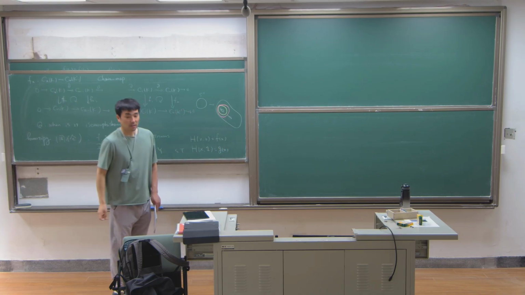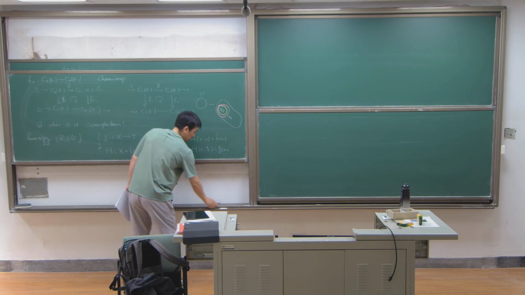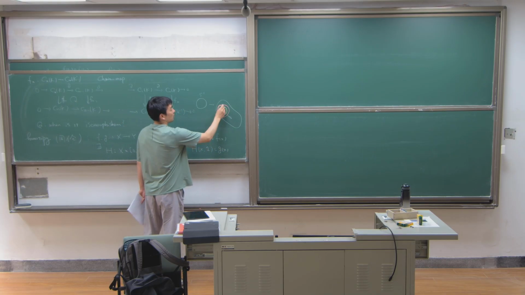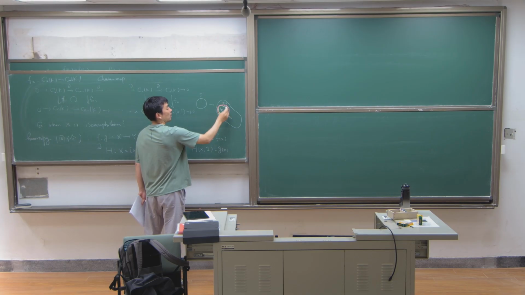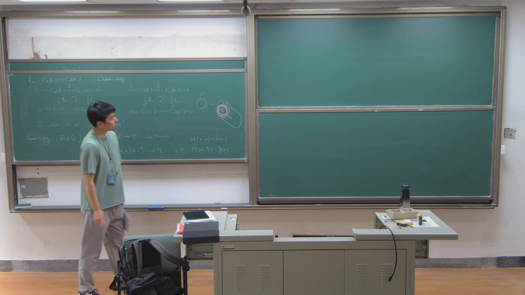So they are continuously deformed. F is red and G is yellow. You can easily deform: when t is equal to 0 it is the red one, and t equal to 1 it is the yellow.